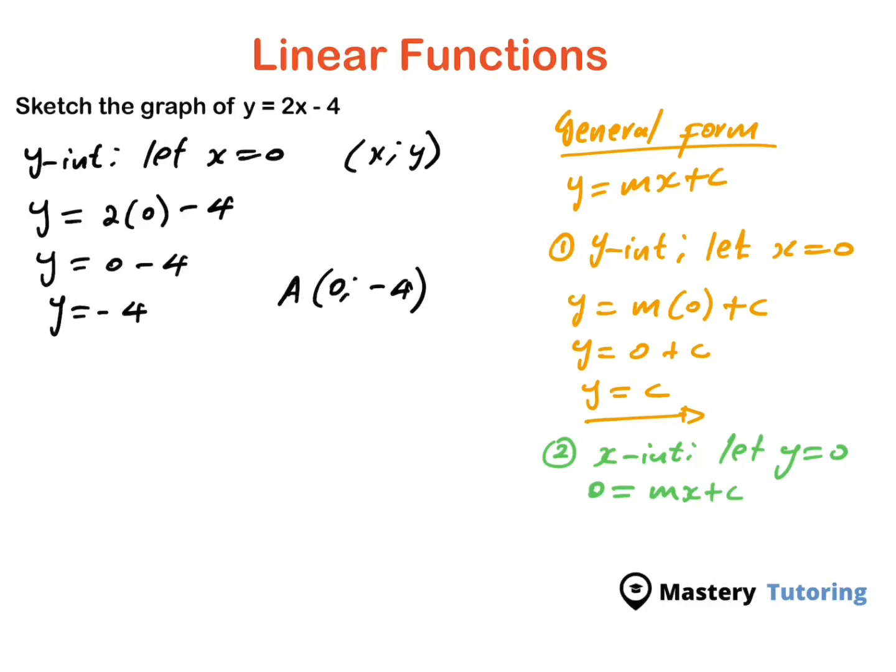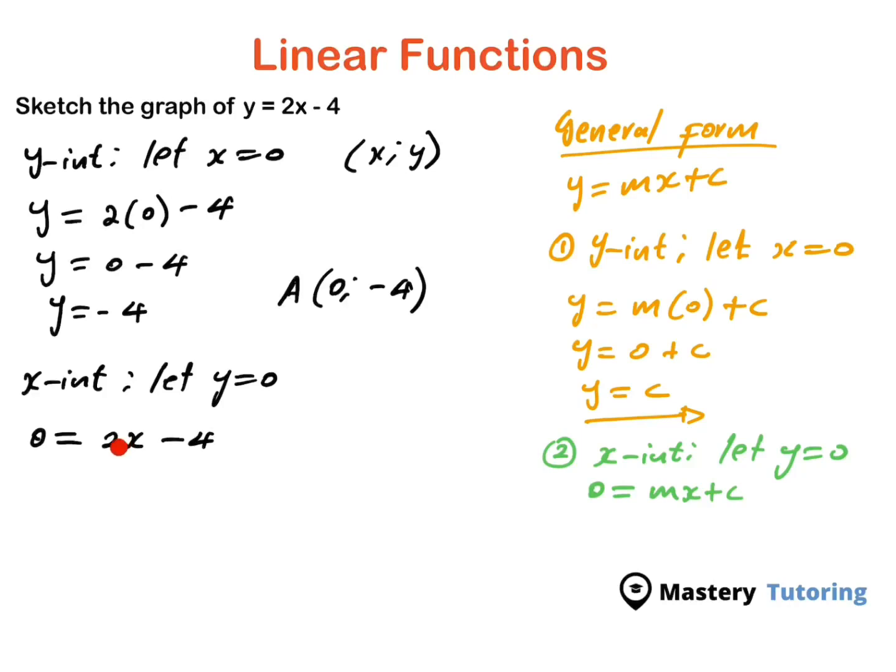Now we find the x-intercept. You let y be 0, just like we said before. Therefore, we have 0 is equal to 2x minus 4.